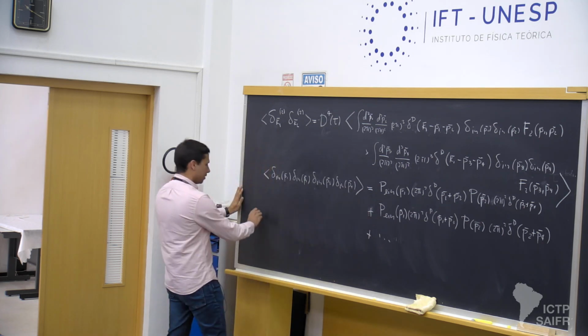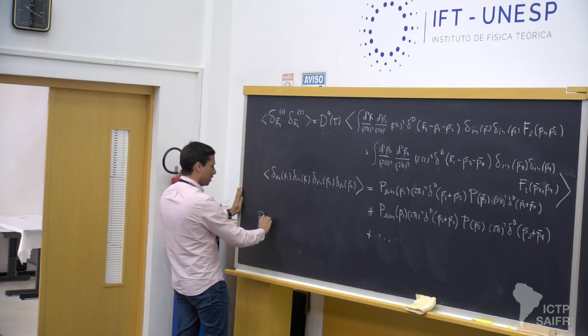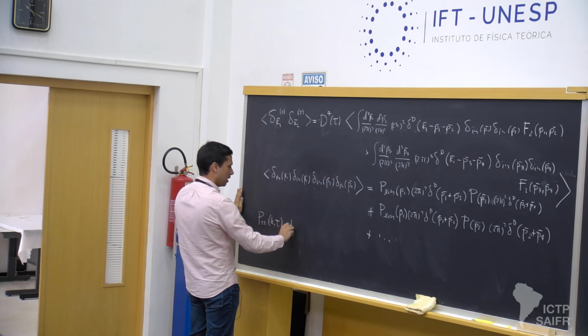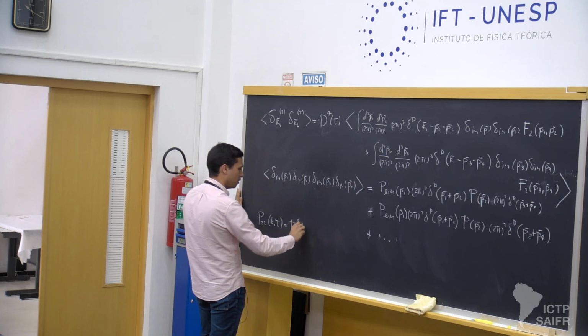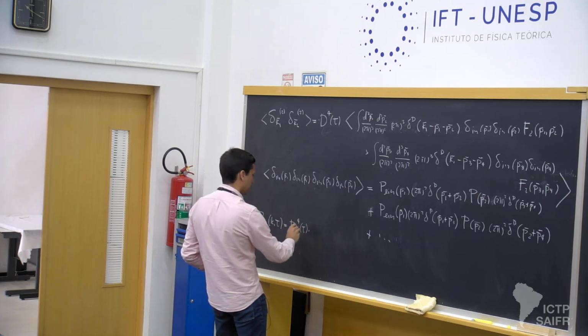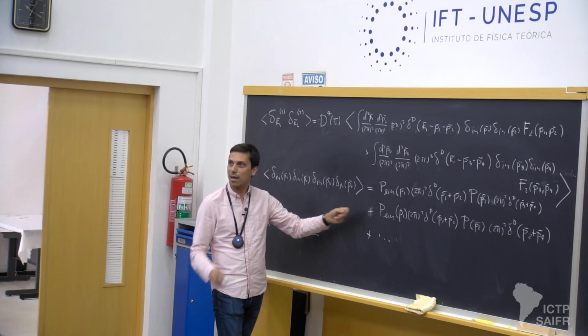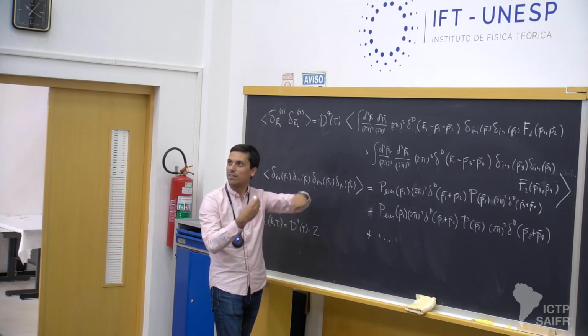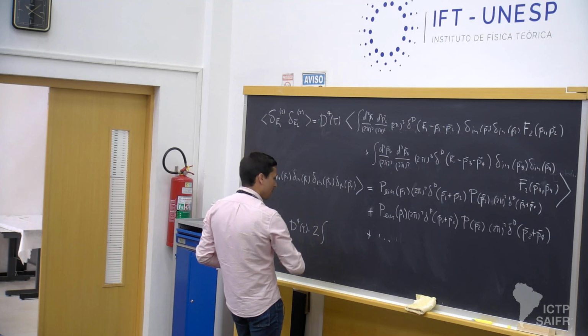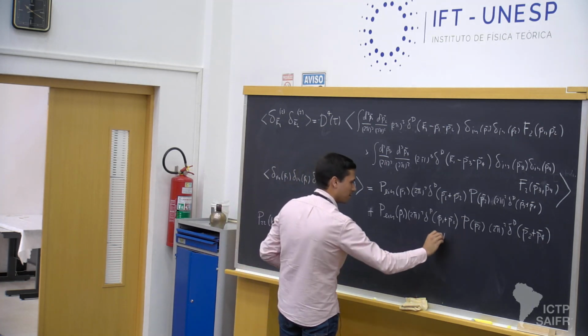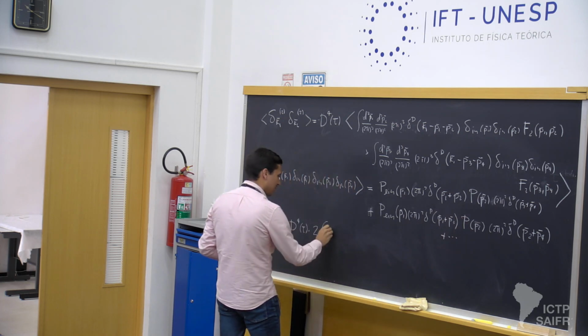So the final answer for P22, as a function of k and tau, is the growth function to the 4th power times a factor of 2, because you have 2 identical contributions after you deal with the delta functions. And there will be 1 remaining integral: there is d3p over (2 pi)^3.